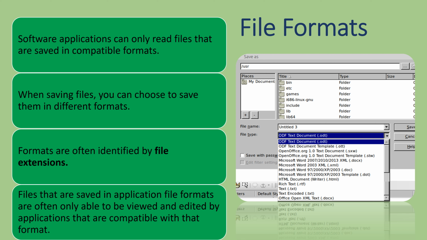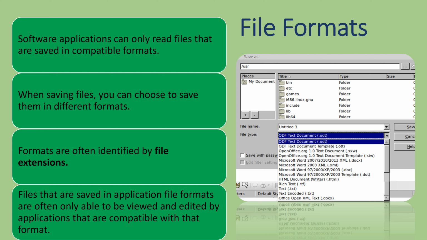Software is often backwards compatible, which means that newer versions of application software can read files created using older versions. However, sometimes you will find that older versions of the software cannot read files created using a newer version.